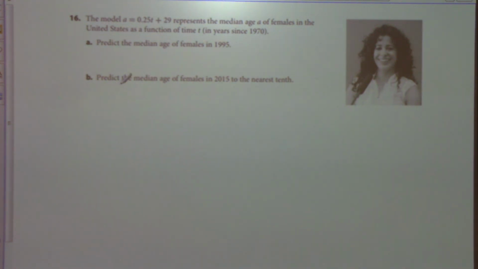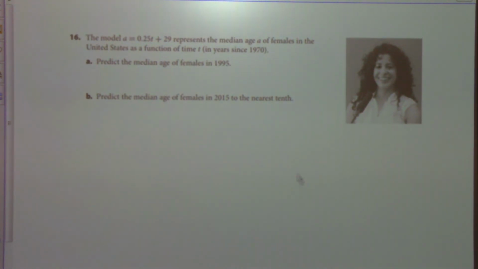16, we have the model A equals 0.25t plus 29, which represents the median age of females in the United States as a function of time. I want to suggest rewriting this function. Instead of calling it A, I'd rather call it A of t equals 0.25t plus 29.